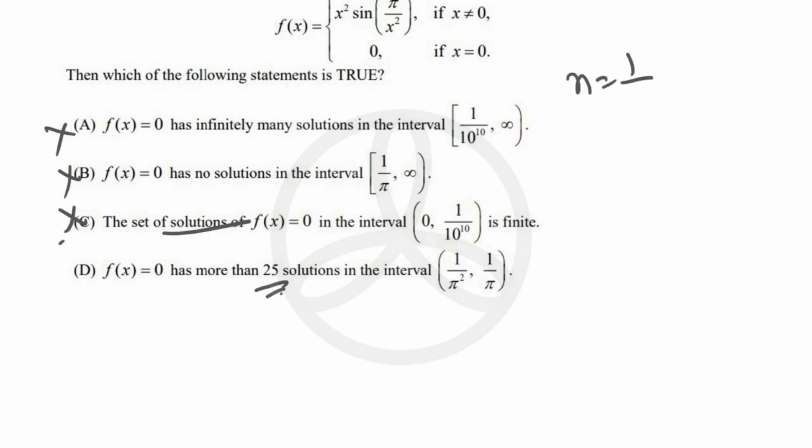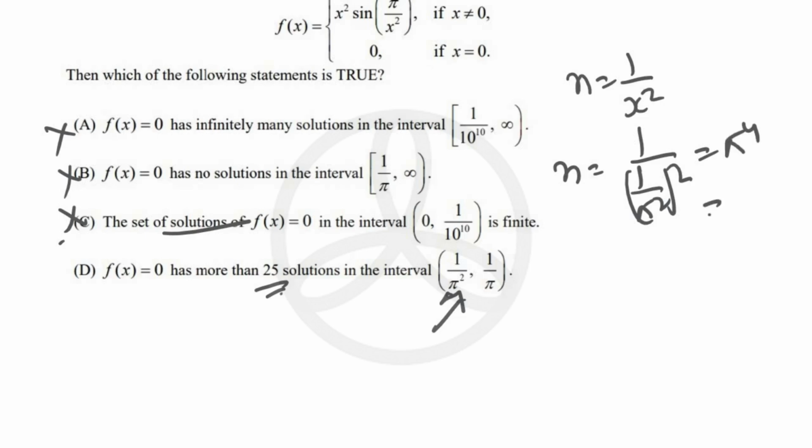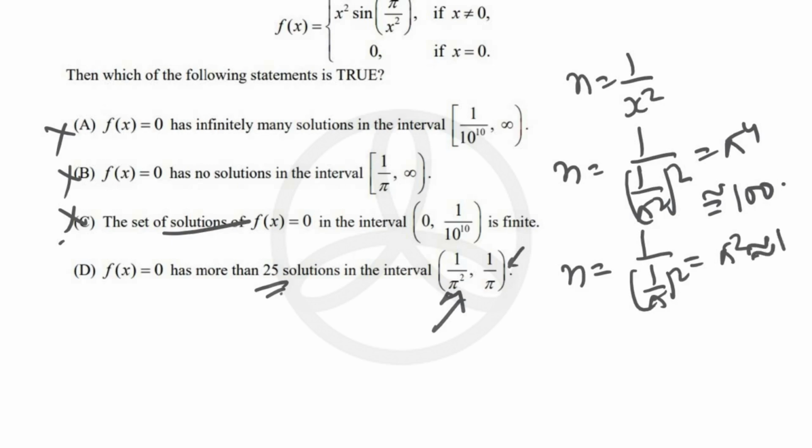N is equal to 1 plus x square. If I take the first bound, which is 1 over pi square of a square, this gives pi over 4. Pi over 4 will be a number which will be close to 100. The second is n is equal to 1 over pi square, which is actually pi square. This is a number close to 10, which means the f has more than 25 solutions in the interval.